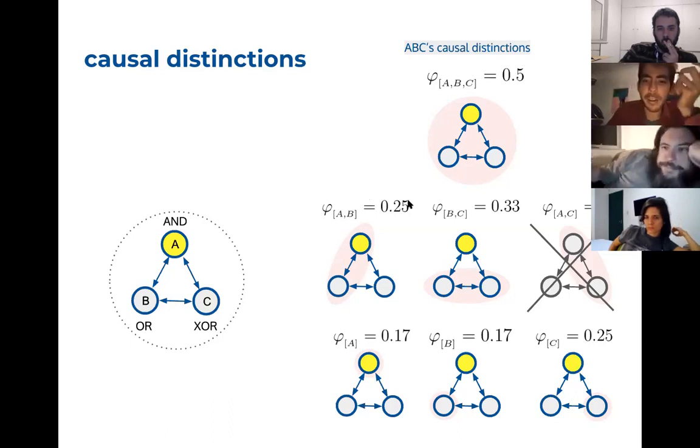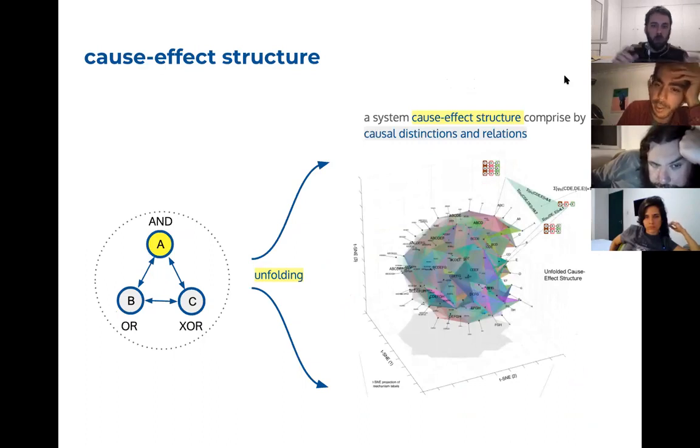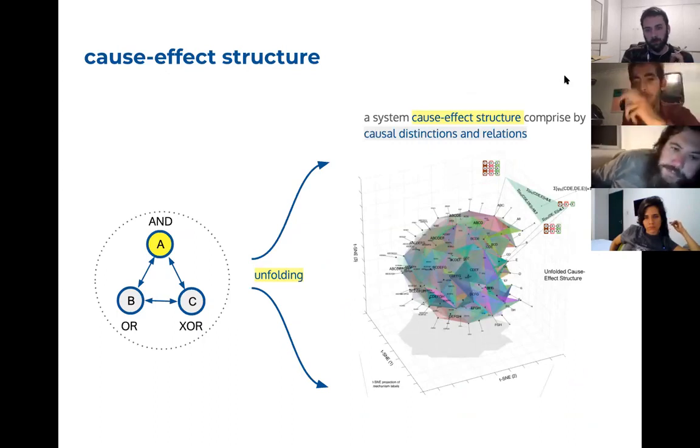And in the end, you get a bunch of distinctions and relations that constitute what exists from the point of view of A, B, and C. This is what a cause-effect structure is: a set of causal distinctions and relations. And these relations can also be higher order, and there are all sorts of different ways to constrain past and future.